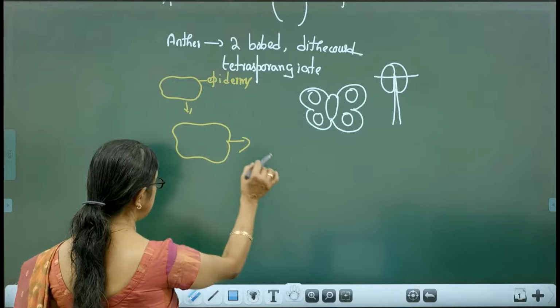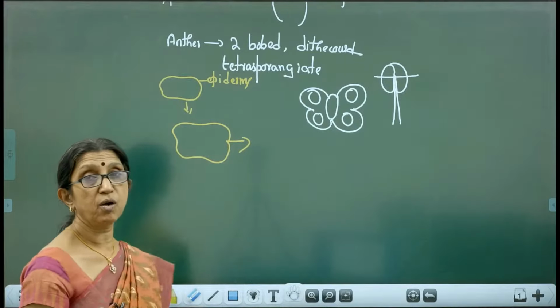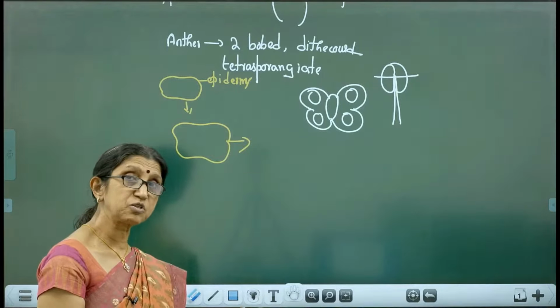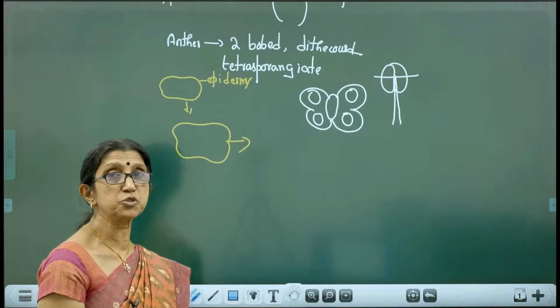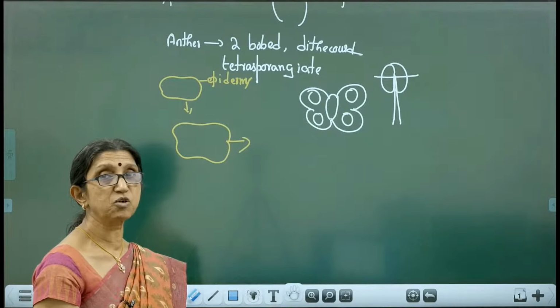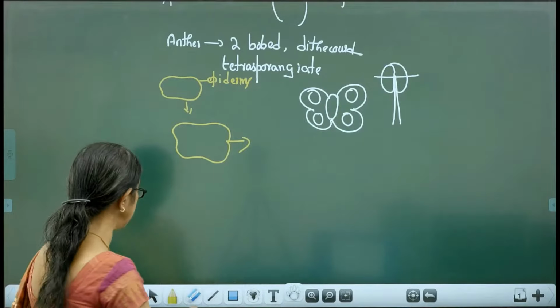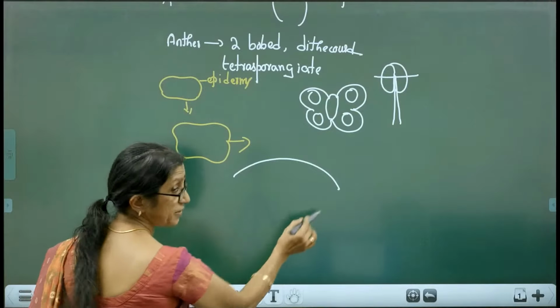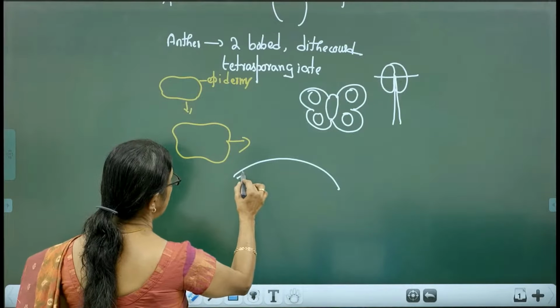So let us see the different types of wall layers seen in a mature anther. What are the different types of wall layers seen in a mature anther? I'm going to enlarge one lobe.